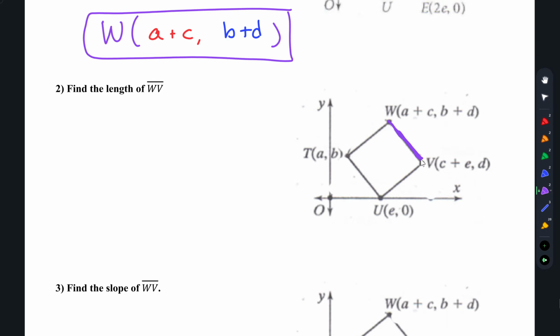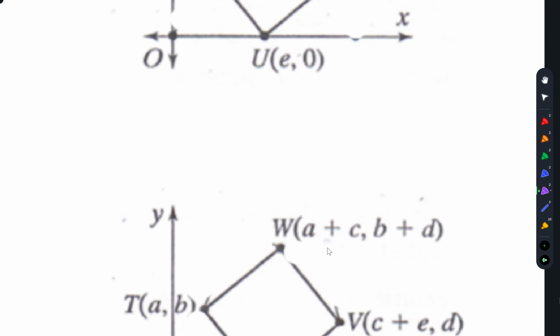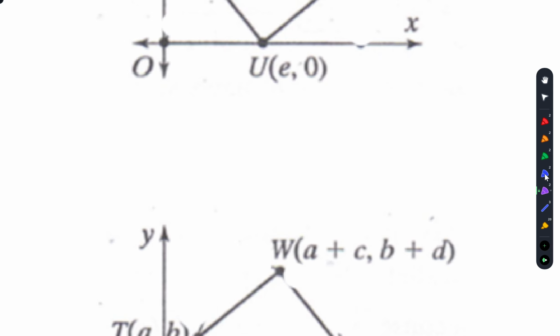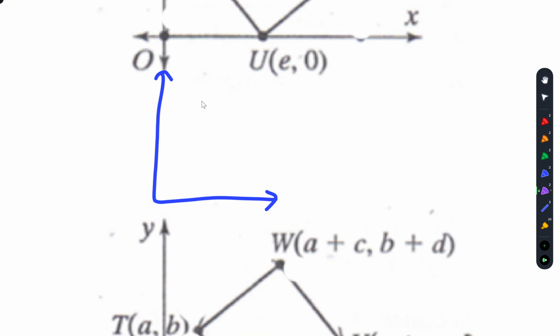Instead of a squared plus b squared equals c squared, I'm going to draw a little thought bubble down here so that we can see. Imagine this is our coordinate plane. If I was trying to find the length between two points, let's call this one (4, 9) and this one (7, 5).